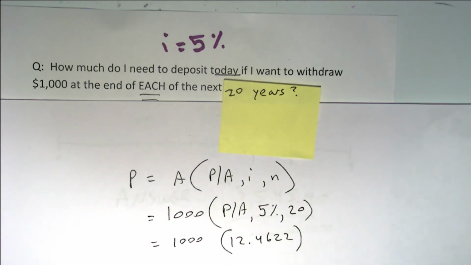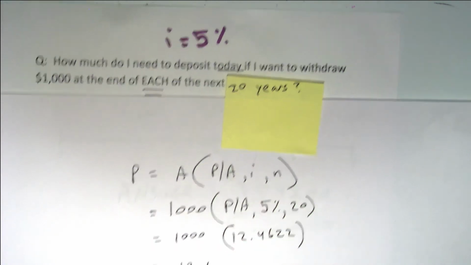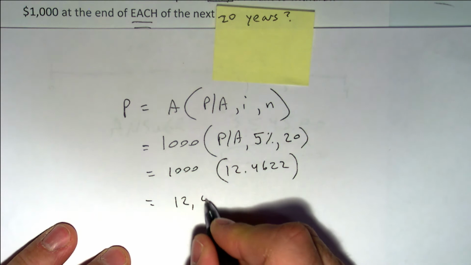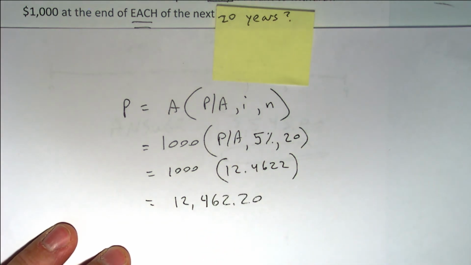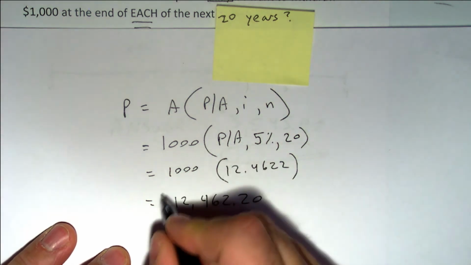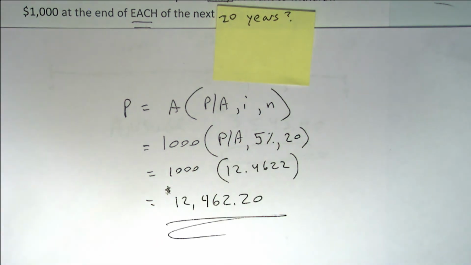And then that equals what? $12,462.20. Is that what you got? Is that a reasonable answer? Yeah, I think it is. Everybody get that? Did you get that, Henry? Lindsay? Okay, cool. Let's do another one.